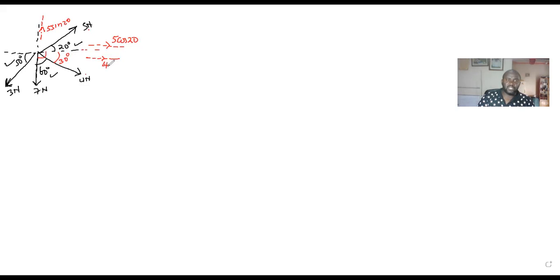Then compress 4, you get 4 cos what? 30. Okay? Then when you take the 4 to the vertical, you are moving away from the 30. You will have 4 sine of what? 30. What about the 60? You stop using it. I asked you, do you want to use the angle about the horizontal or the vertical?